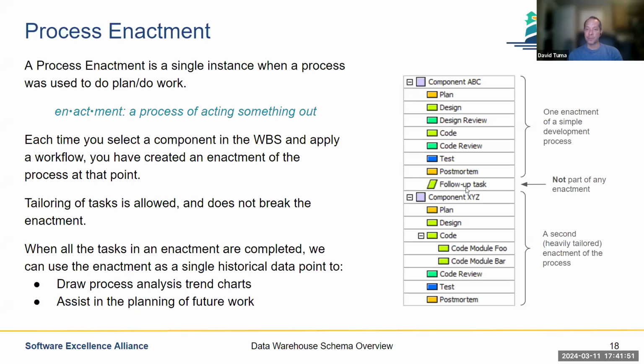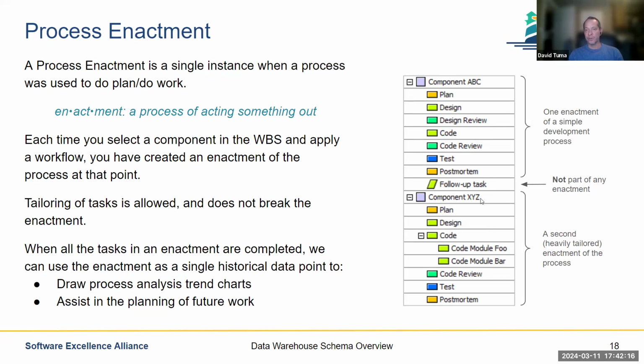Now they went and put some follow-up task after it that didn't come from the process. So that follow-up task is not part of an enactment. It's just a random plan item floating around. Now, when you apply a workflow to a component in the WBS, it lets you modify and tailor things.